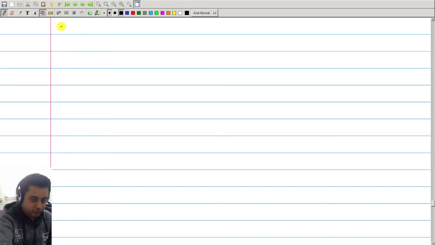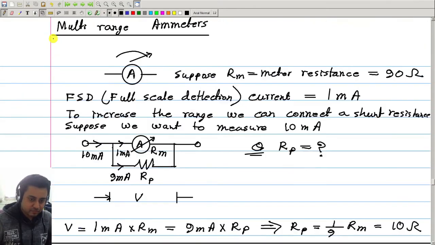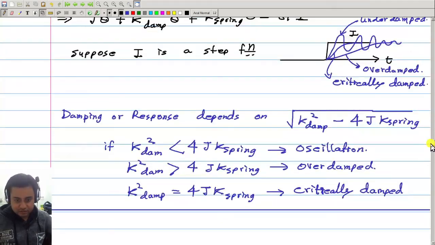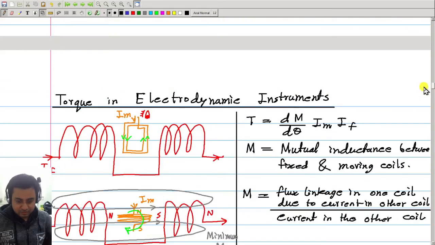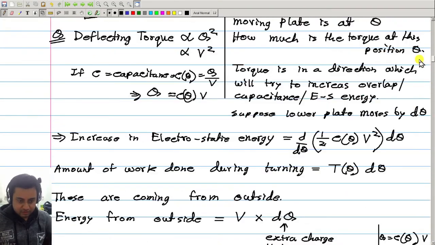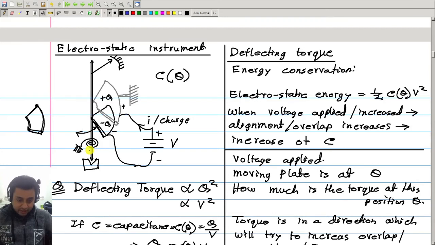Next, before coming to voltmeters, I would like to answer the question that one student raised at the beginning of the class about the electrostatic instruments. His question was like this.